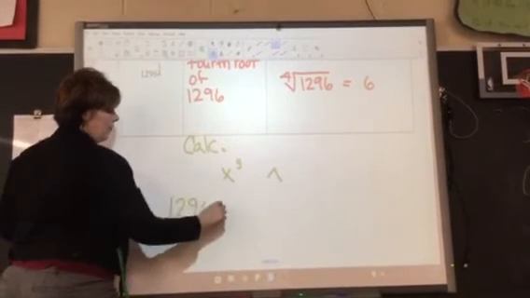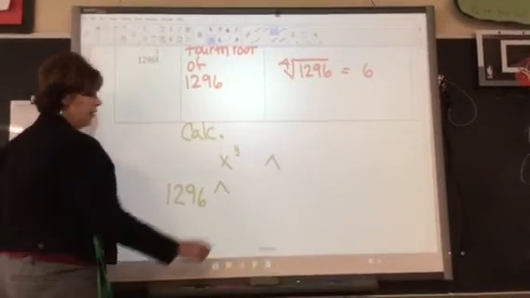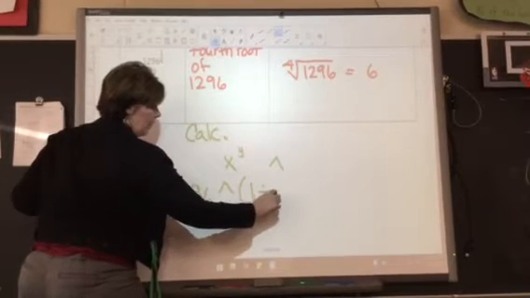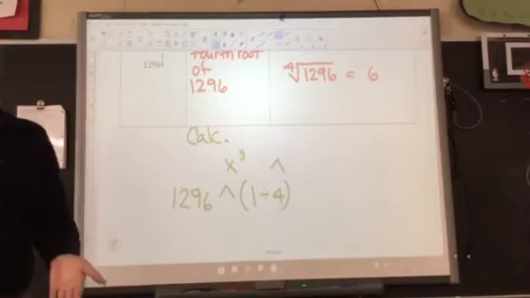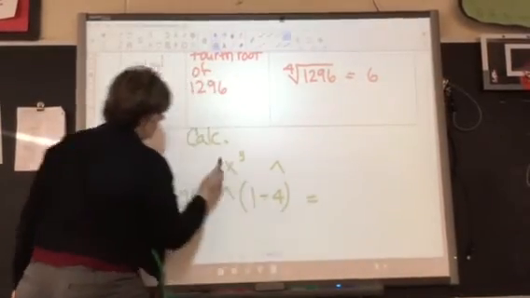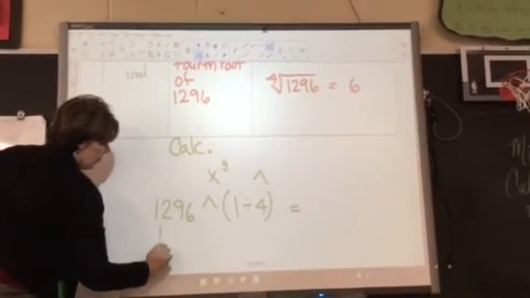If I use my caret function, I'm going to press the caret button. Does everybody see that? Caret, parenthesis 1 divided by 4, because that's how we make the fraction 1/4. And then hit equals.